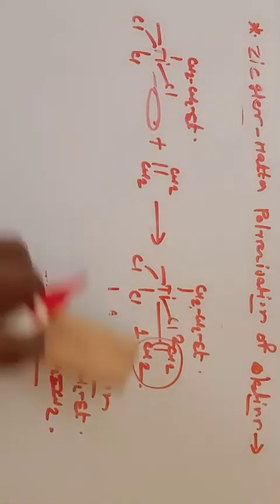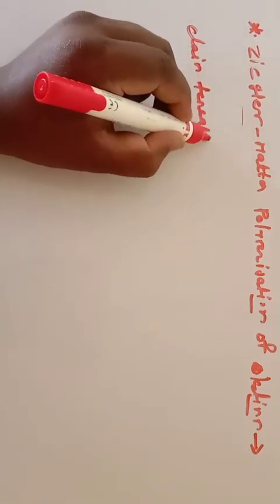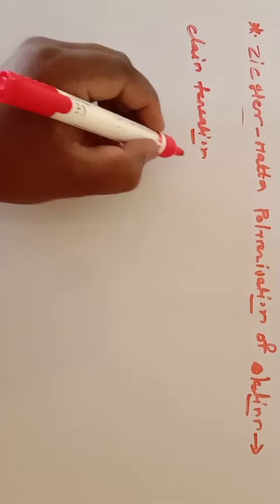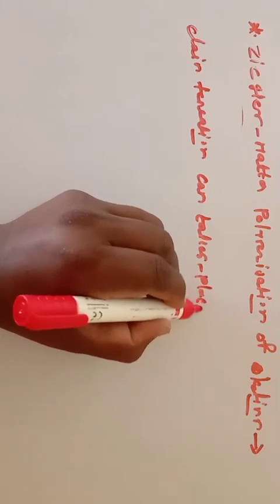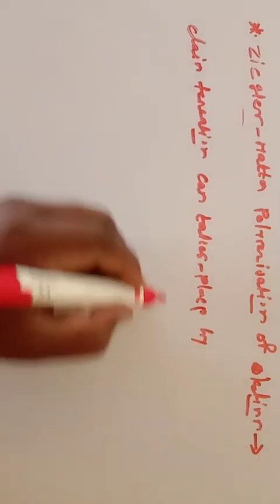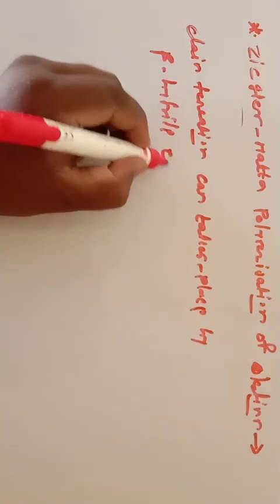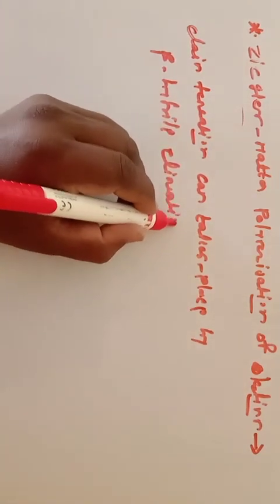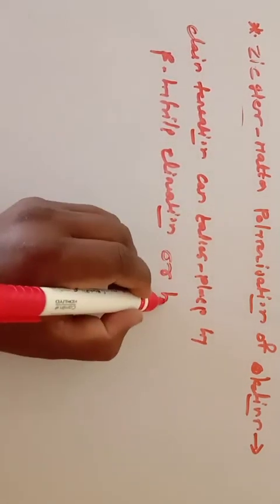And the last step: how to stop this polymerization? The chain termination. Chain termination can take place by beta hydride elimination or by a hydrogenation reaction.